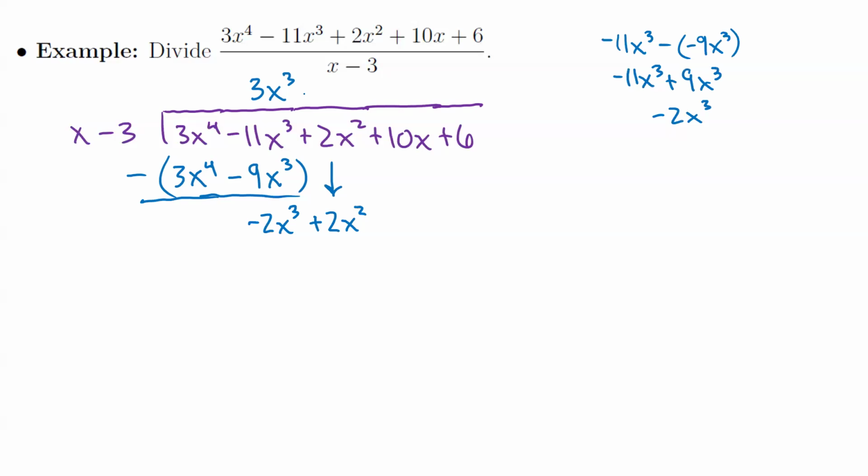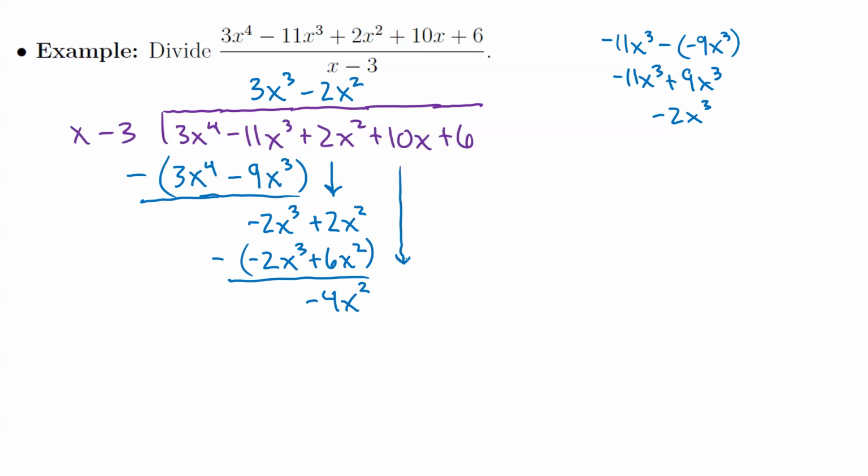I need to multiply by negative 2x squared to produce negative 2x cubed, and then negative 2x squared times negative 3 is plus 6x squared. So I have 2 minus 6 is negative 4x squared here.